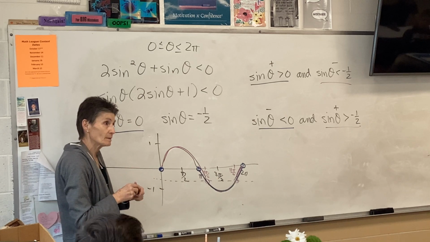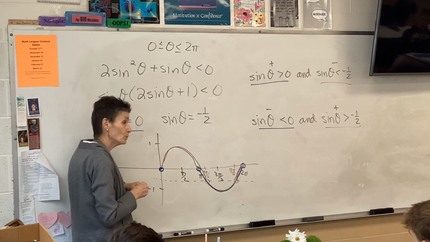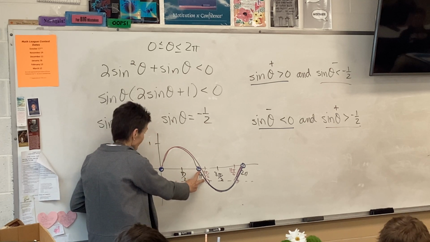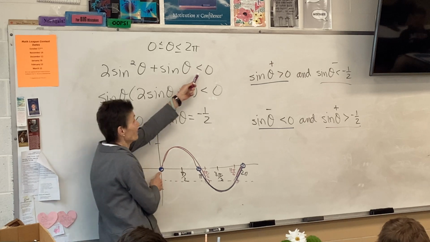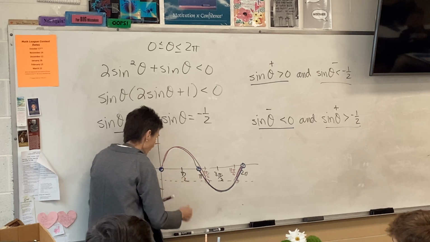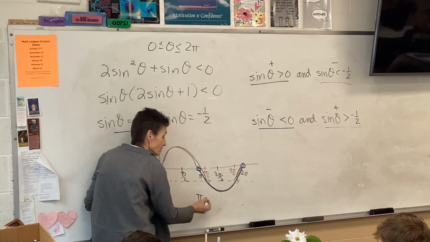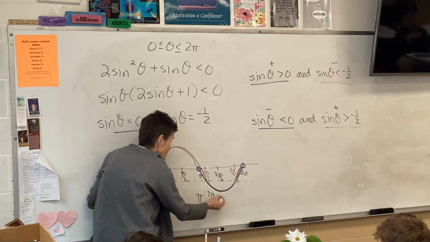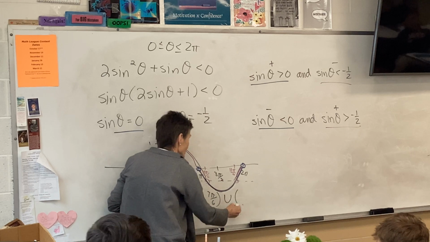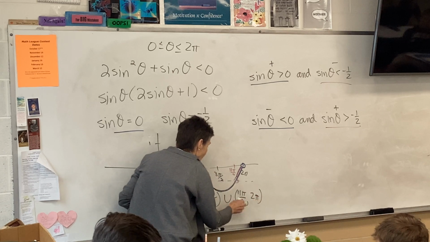Well, where does that happen? You gotta be both. Blue and pink. Where am I blue and pink? This little piece right here. Now it could be this point, but this is not an or equal to, so that point doesn't count this time. Everything in between here is gonna count. Well, what interval is that? From here to here is what interval? Pi to 7 pi over 6. And then everything over here, which is 11 pi over 6 to 2 pi.